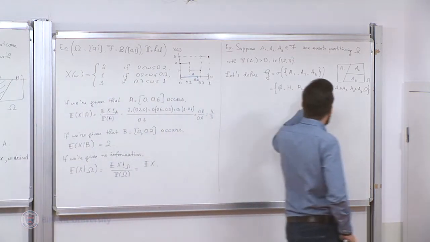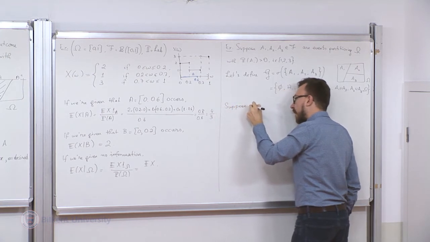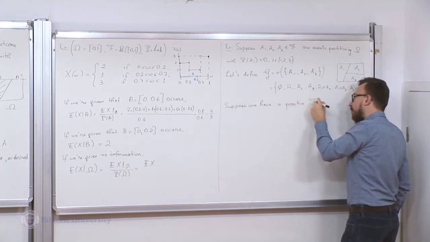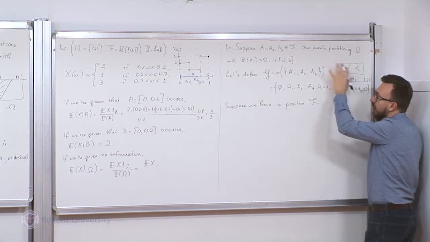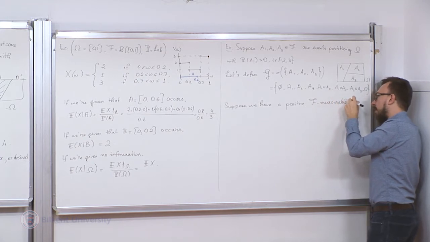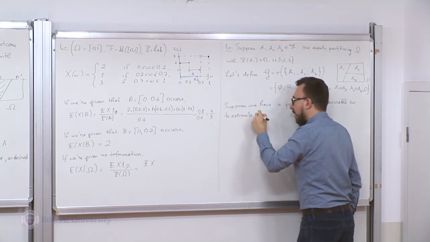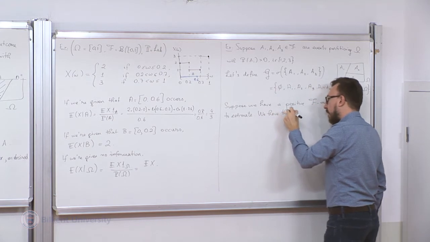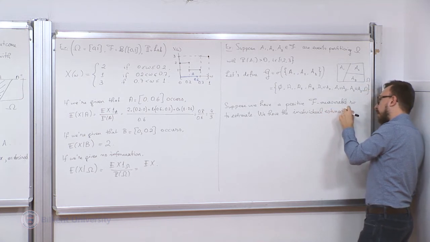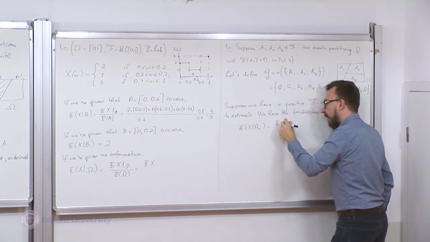So for each of those sets, we can calculate our estimate, right? So suppose we have a positive F measurable random variable to estimate. So F is the big sigma algebra, not G. G is a sub-sigma algebra of that. So we have the individual estimates, conditional expectation of x given A_i, which is defined as before, right?